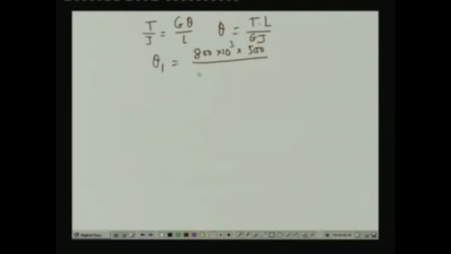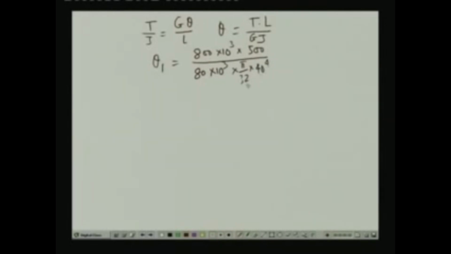Now, let us look into the value of the rotational angle theta. As you have seen, T by J is equal to G theta by L. So, theta gives us a value of TL by GJ. Now, for segment 1, theta is equal to 800 into 10 to the power 3 into L, which is 500, by G, which is 80 gigapascal into 10 to the power 3, into pi by 32 into 40 to the power 4.